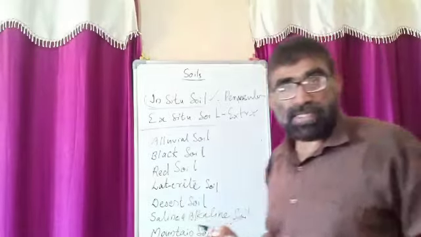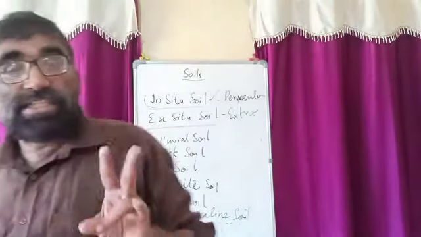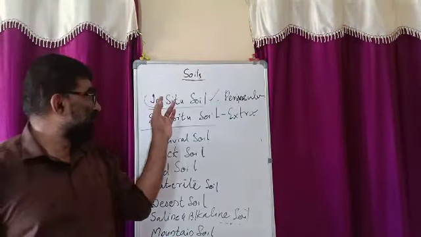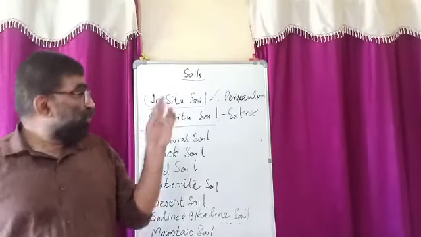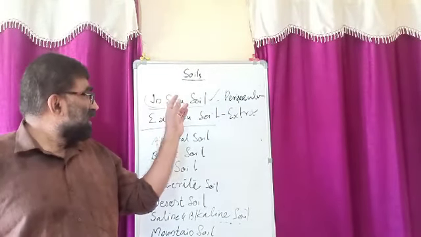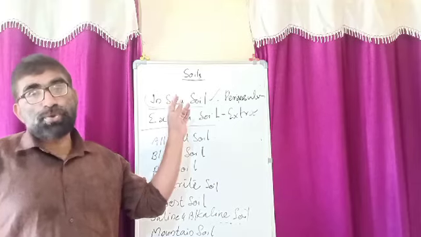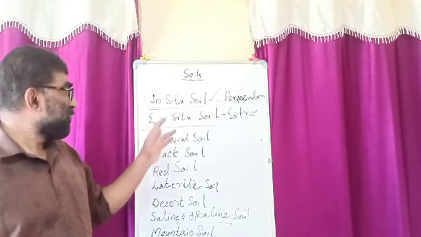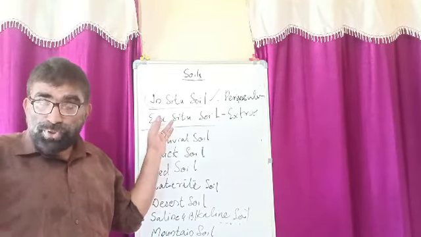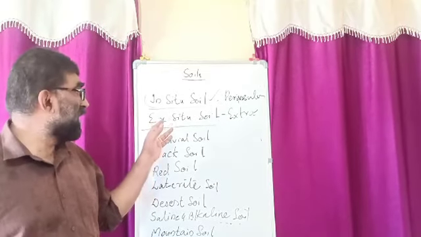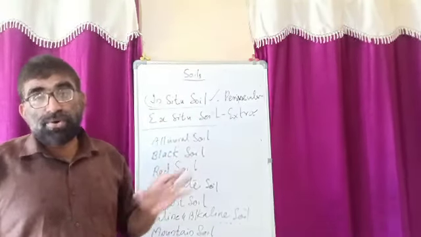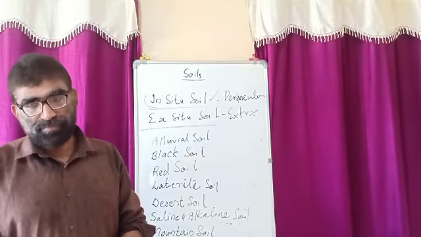So these are the two types in the geological classification: soils of peninsular India, which are in situ soil or sedentary soil, and soils of northern India, extra peninsular India, which are transported soil or ex situ soil.